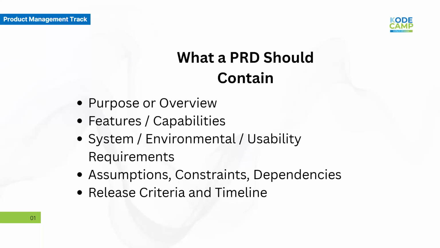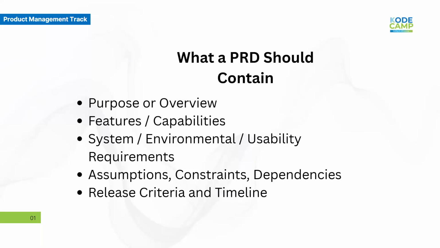Imagine you're working on a ride-sharing app. Your next release focuses on adding a feature that lets users schedule rides in advance. The purpose section of your PRD would explain that this feature exists to address a major user pain point, the need for guaranteed transportation at a guaranteed time.